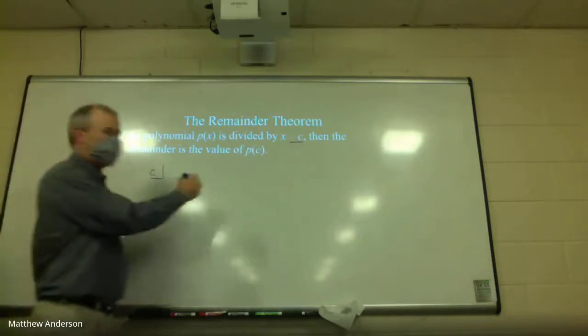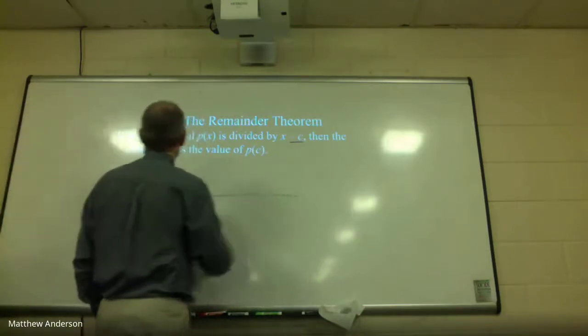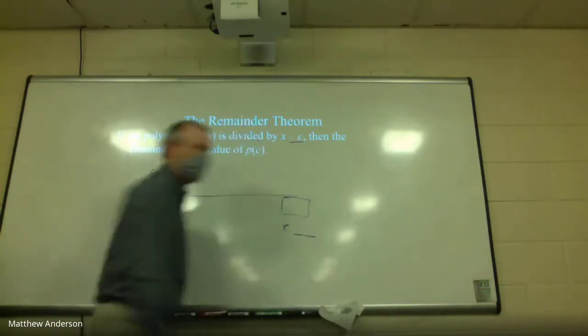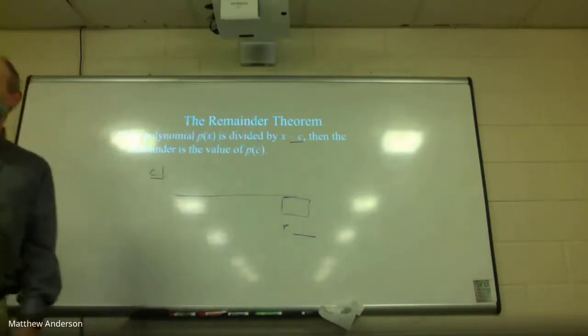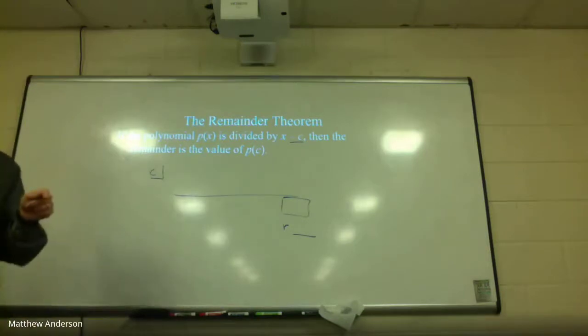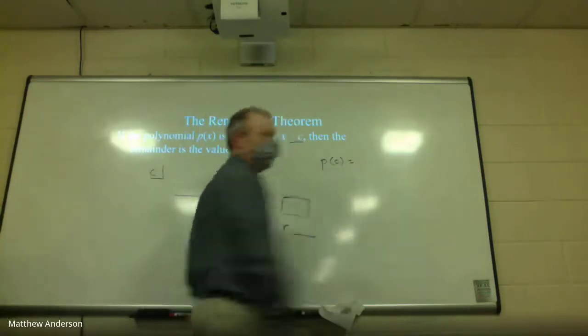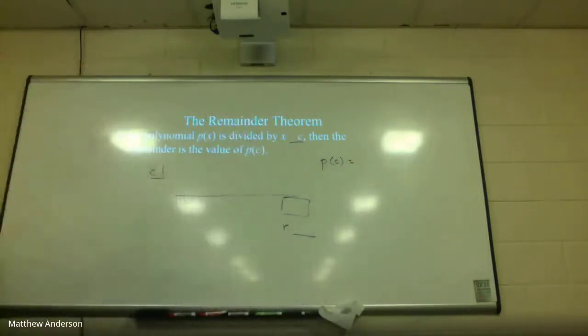So if we're dividing by x minus c, c is in the corner. What they're saying is once we do all of our work, and we get this last number here, which we would say remainder whatever, that remainder would be the answer if you plug c into the polynomial for all the x's. Remember, that's function notation, I'm replacing all the x's with c's.